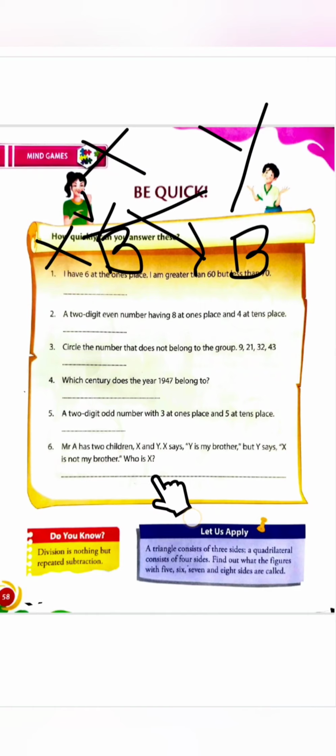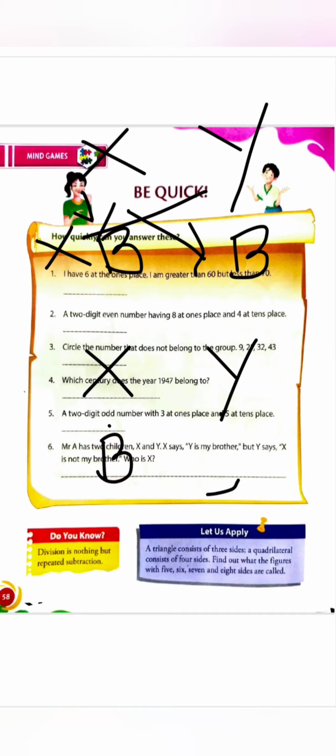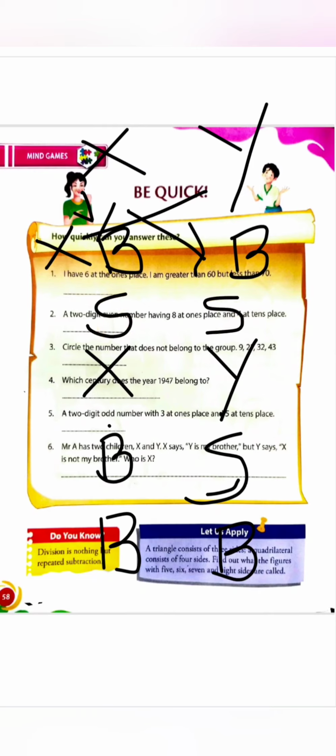So kids, here 3 probabilities are there between X and Y. First probability, X and Y are brother and sister. Second probability, X and Y, brother and brother. And third probability, X and Y both are sisters.